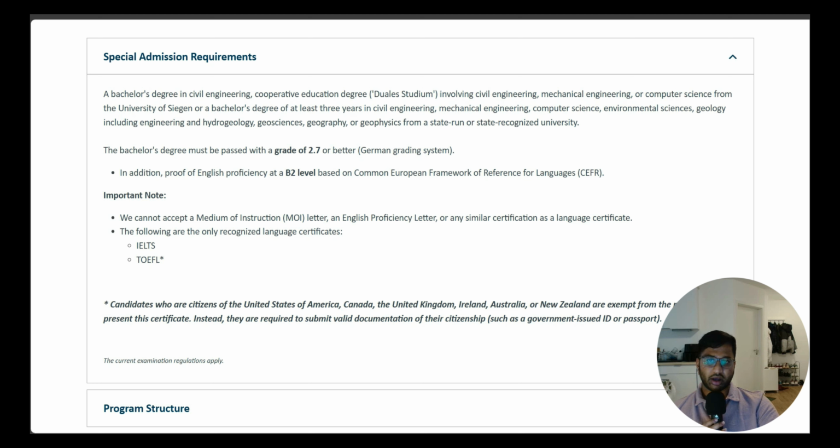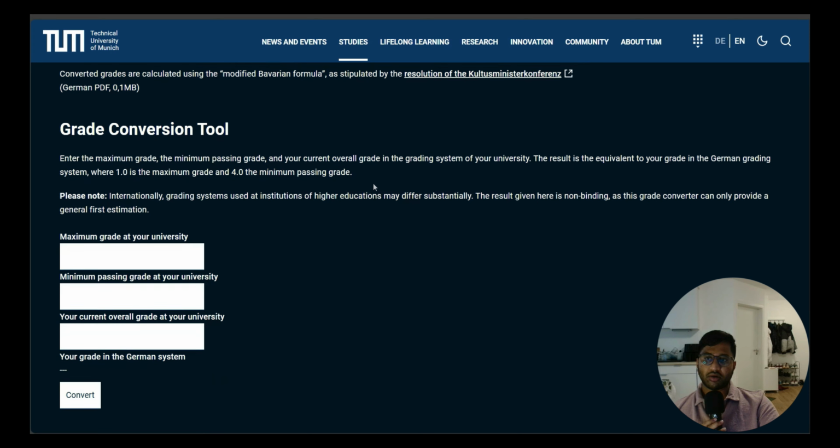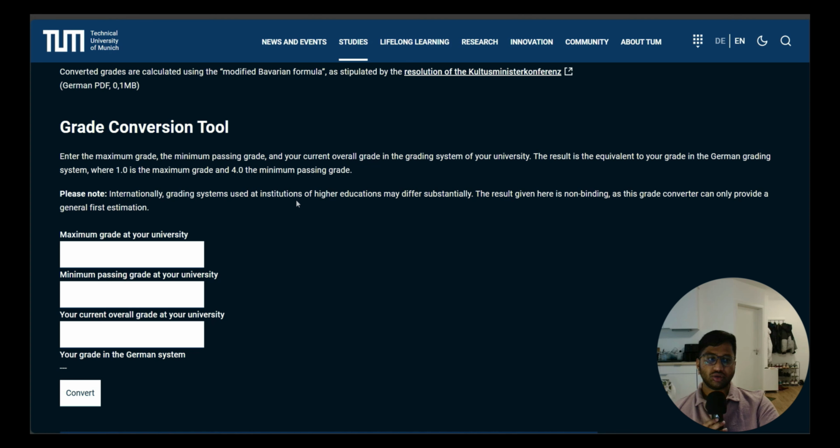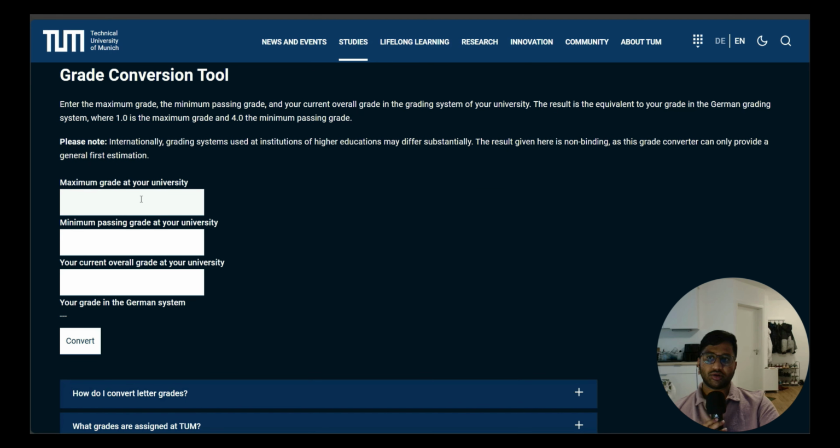I can also show you again, where you have to go on the TUM official website. This is the TUM official website, which usually every college uses internally in order to convert your CGPA into the German GPA. In CGPA you can give 10 as the maximum CGPA that everybody has. The minimum CGPA to get the degree in VTU was 5. It will differ from college to college.